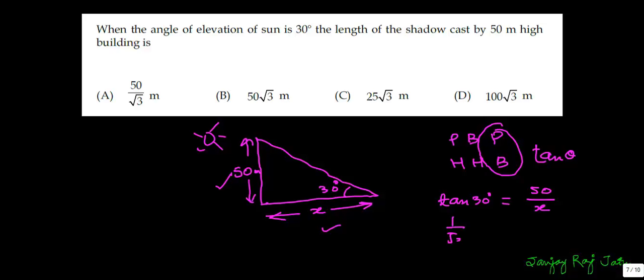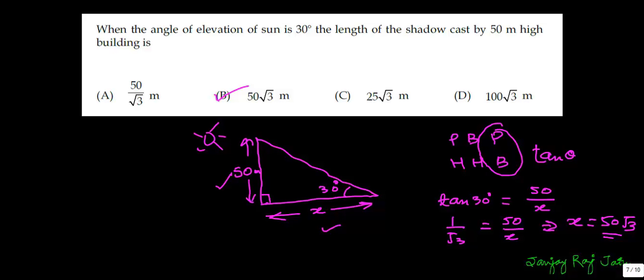Tangent of 30 degree is 1 by root 3. It is equal to 50 upon x. So that will give us value of x as 50 root 3. So answer choice B is the correct option.